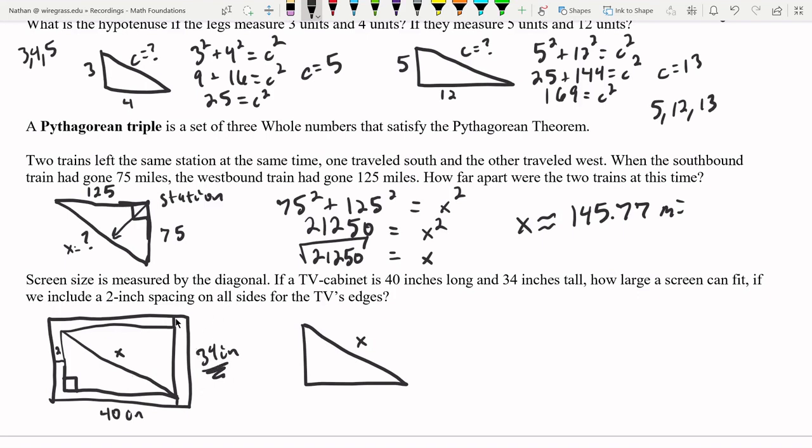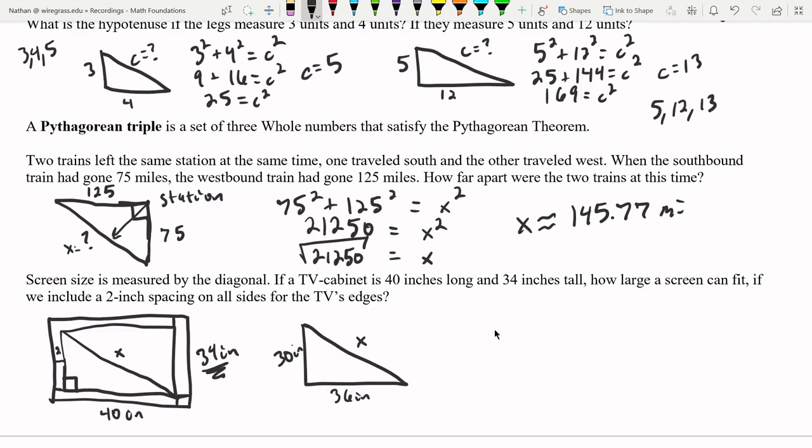So it's going to be 2 inches less here and 2 inches less here. 34 minus 2 is going to be 30. And the same process here, the bottom leg of this triangle is going to be 40 inches, but we're going to remove 2 here and 2 here. So 40 minus 2 is going to be 36 inches. So what size TV can we fit in there? It's going to be 30 by 36.